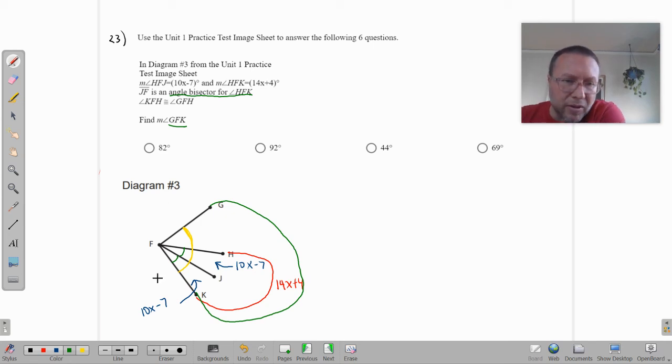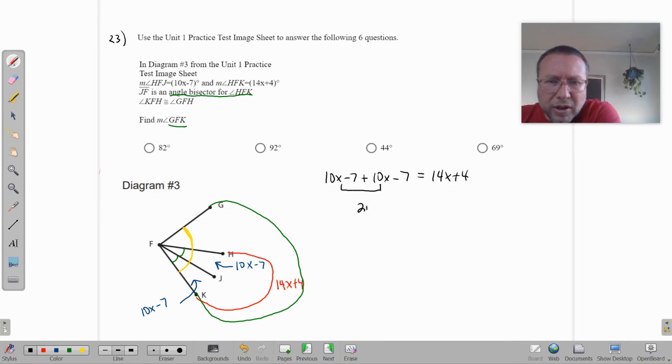So let's start by figuring out what they gave us here. So 10x minus 7 plus 10x minus 7 is equal to 14x plus 4. If I combine those, that's 20x. If I combine those, that's negative 14. Equals 14x plus 4.